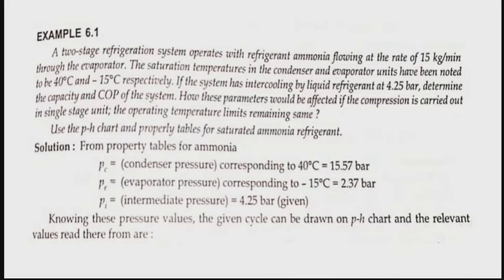Then we have to find the operating temperature limits, and if the temperature limits are the same, how this is affected with respect to a single stage system, and how the COP differs between the two cases. That is what we have to answer.